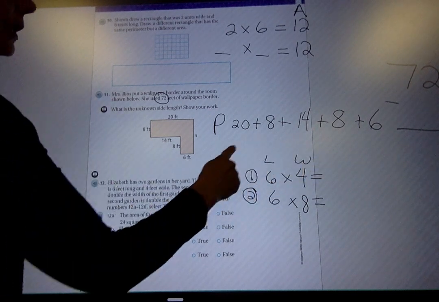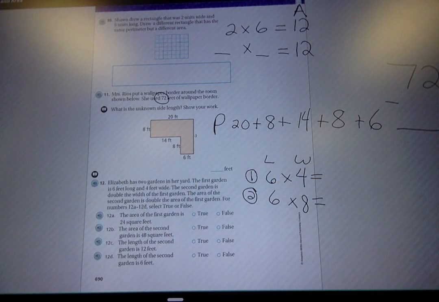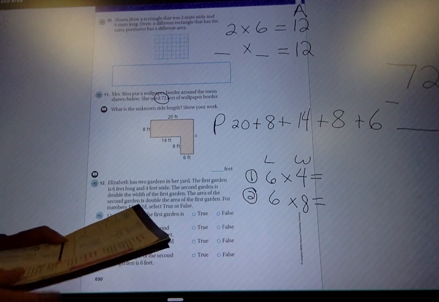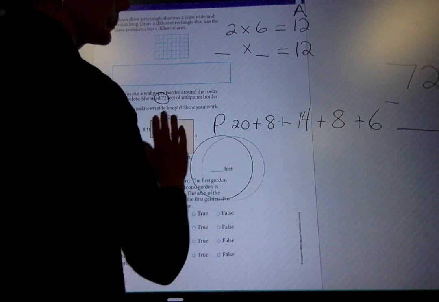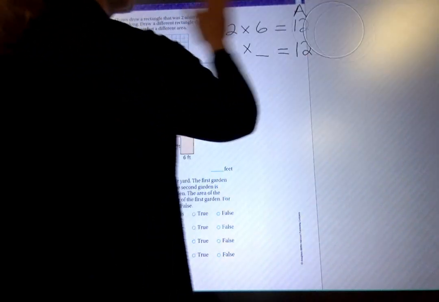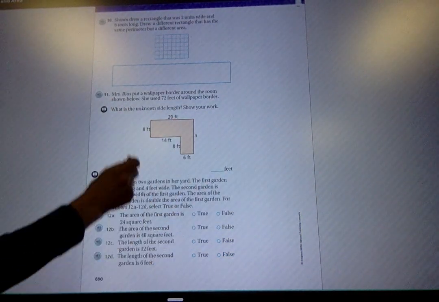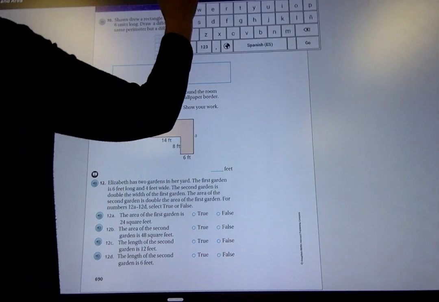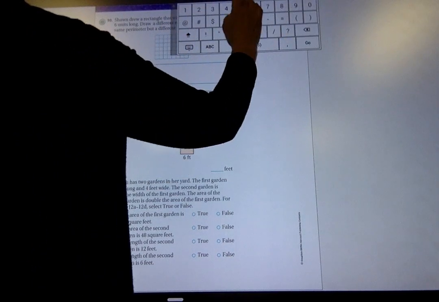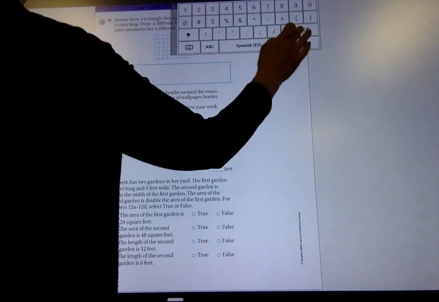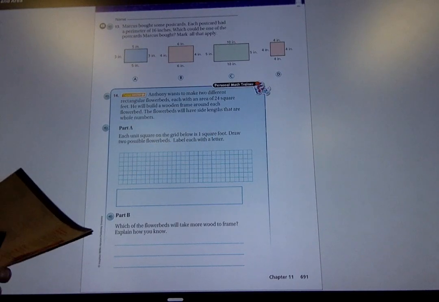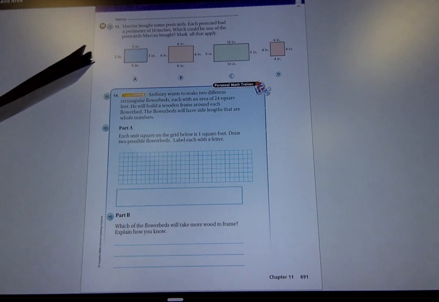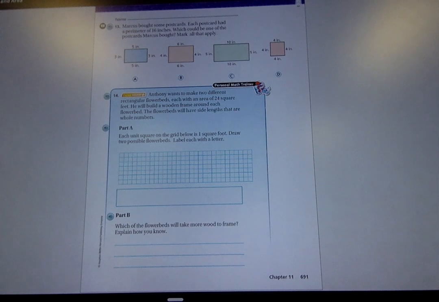Be sure that you're looking at what I've written over here for you. Okay, we're going to go to page 691. And on page 691, it says, Marcus bought some postcards.